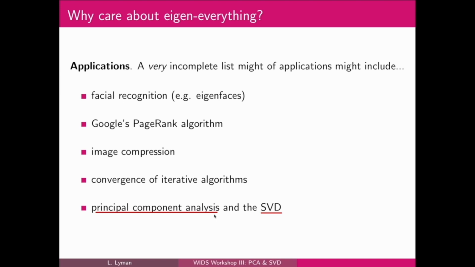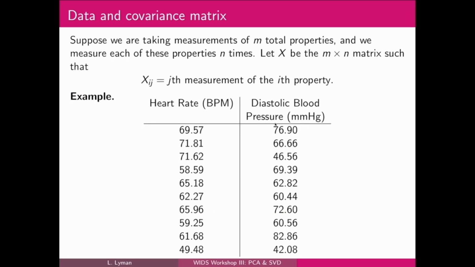Now we have the foundation to return to our exploration of PCA. So suppose again we're taking measurements of m total properties, and we measure each one of these properties n times. Then X is going to be the m by n matrix such that X sub ij is the jth measurement of the ith property.